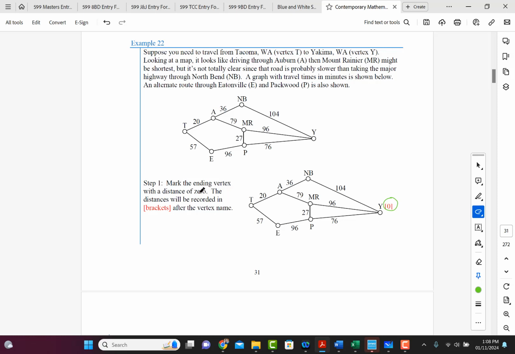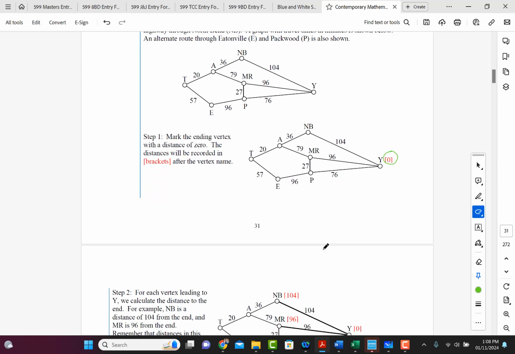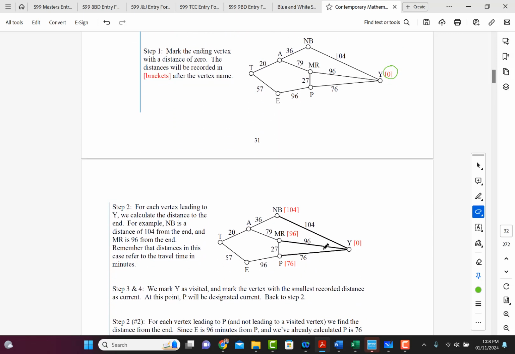Then we record all the distances between the different cities marked on the graph. Now we're going to take all of the distances of the cities that are connected to Y.